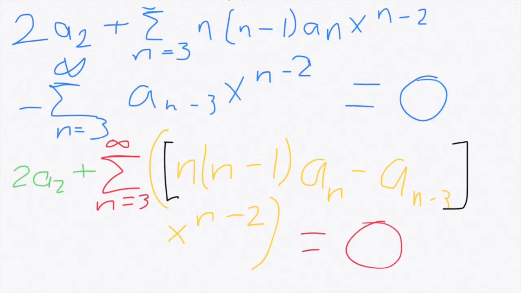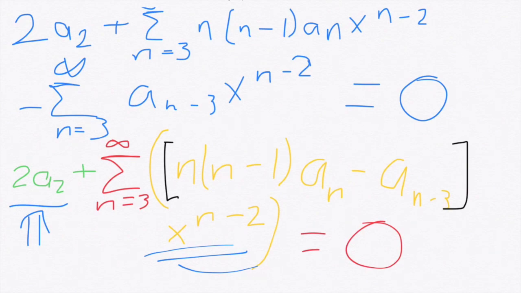So notice what we did here. Since these two have the same starting index, we basically combined them into one series. Then we factor out an x to the n minus 2. So now we have to notice something. If this series is to add to 0, one thing we know for sure is that this term over here has to be 0, as all the terms have to be 0 for the sum to add up to 0, as x can be anything, and if we want it to add to 0, we need every term to be 0.